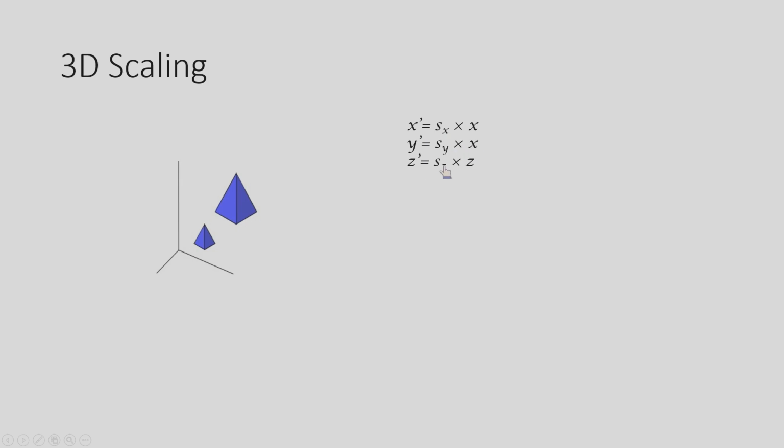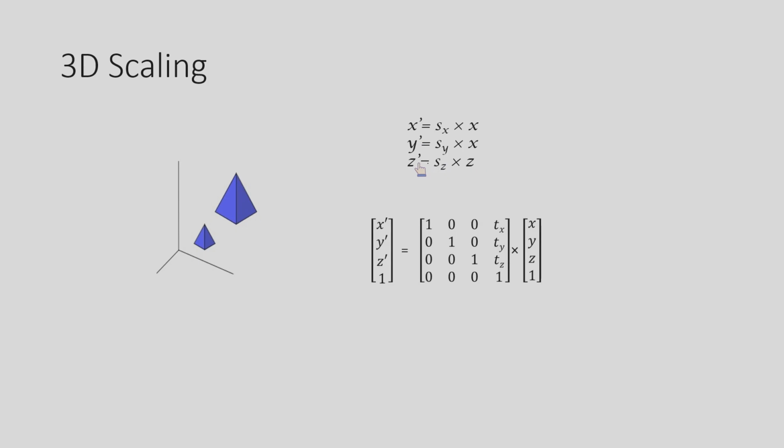Similarly, z dash is equal to the scaling factor along z-axis multiplied by z. So x dash, y dash, and z dash, the new values of the coordinates, can be calculated using these equations, and the same thing can be done in matrix form like this.